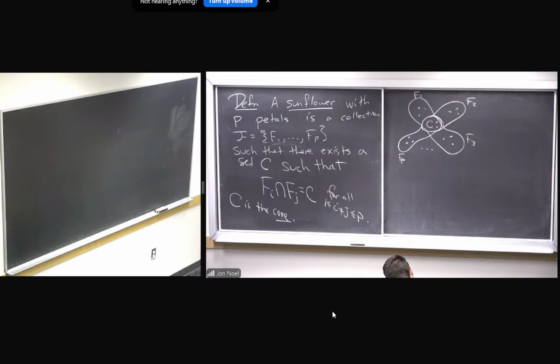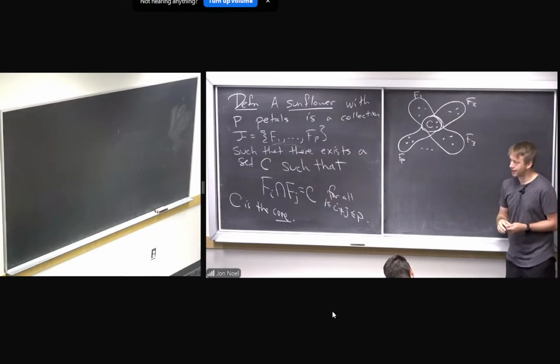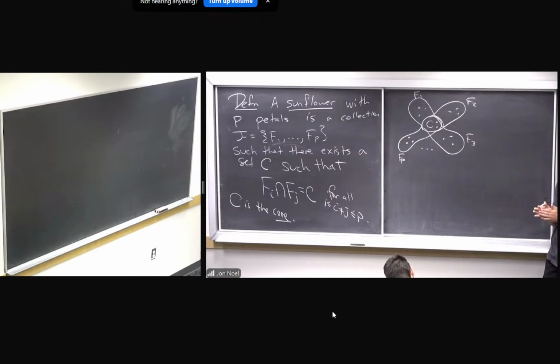One thing to notice here that is actually kind of important is that I never said that the core had to be non-empty, right? The core is just a set. It could be the empty set.